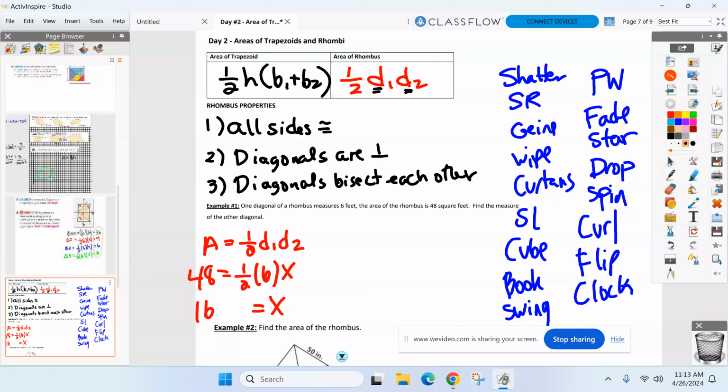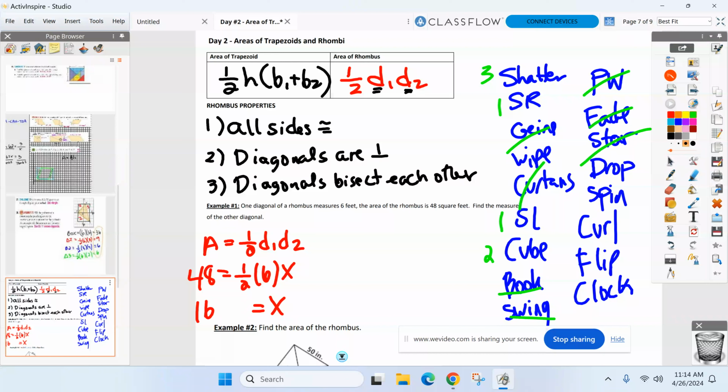Okay, one shot. Slide right. Genie coming out. Curtains. White. Slide left. Cube. Books. Swing. Pinwheel. Fade. Star.